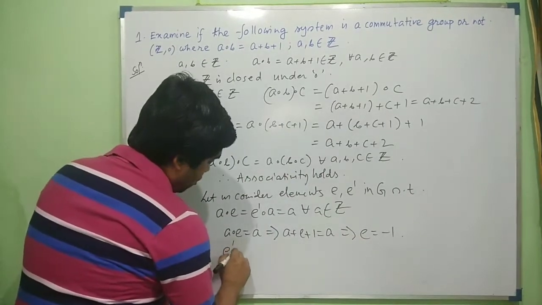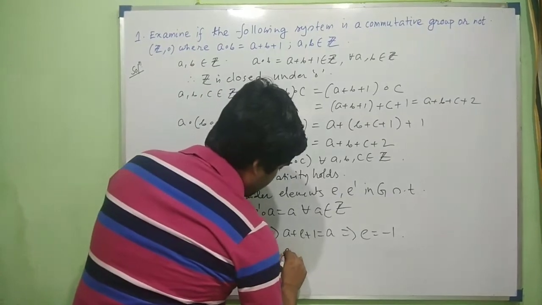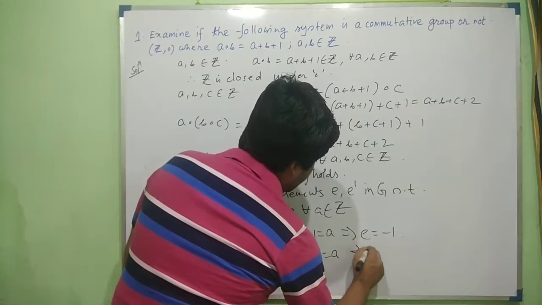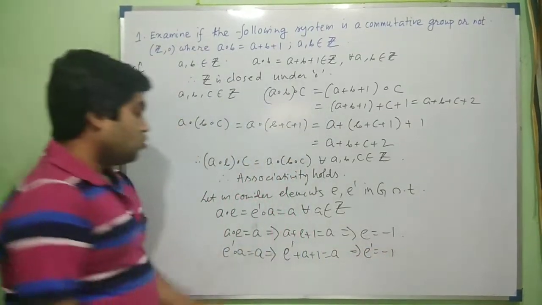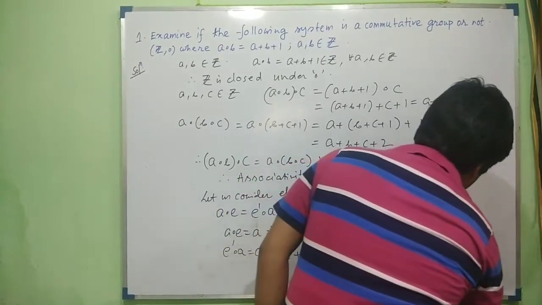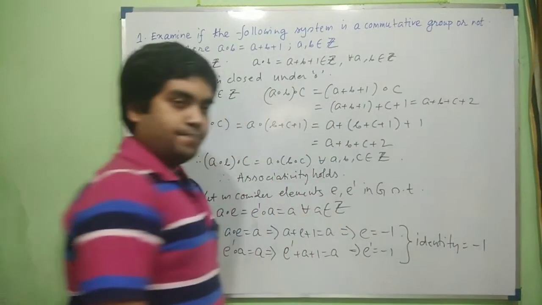Again, e dash naught a equal to a implies e dash plus a plus 1 equal to a, which gives us e dash equal to minus 1. So from these two we can conclude that the identity element of the system is minus 1.